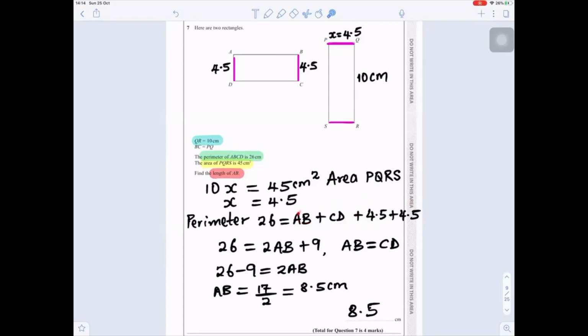Since AB is equal to CD, we can write it as 2AB. So 26 is equal to 2AB plus 9. Now, 26 minus 9 is equal to 2AB. 26 minus 9 is 17. Half of 17 is 8.5. So AB is 8.5.